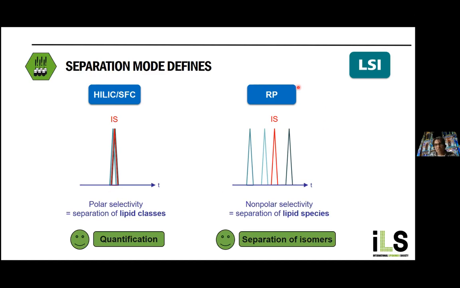And obviously, if you use reversed phase chromatography, you will have a non-polar selectivity, so your different chain lengths are spread over a wide range of retention times. This is beneficial if you want to separate isomers, but in terms of quantification, that is a difficult situation.